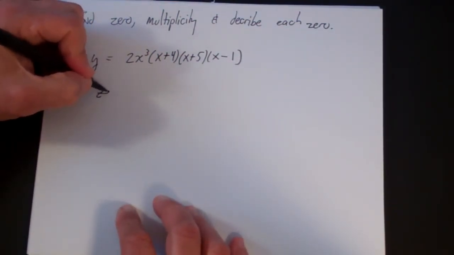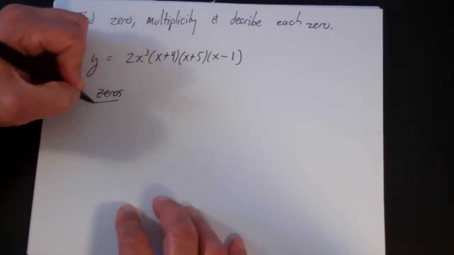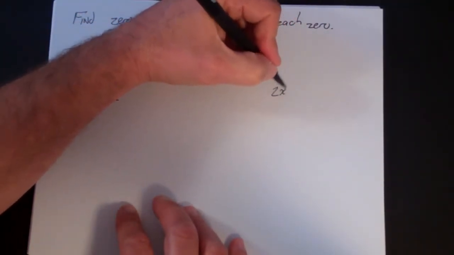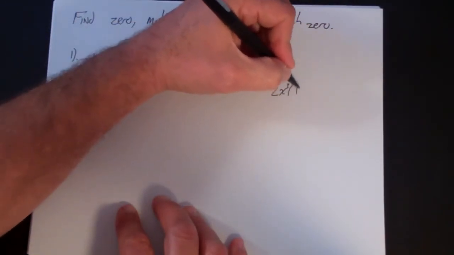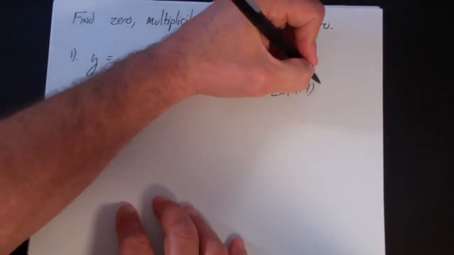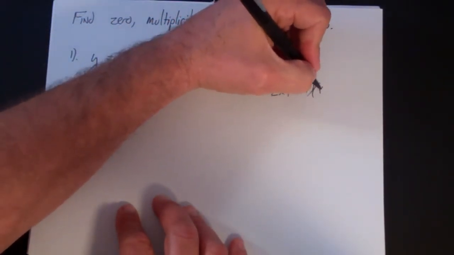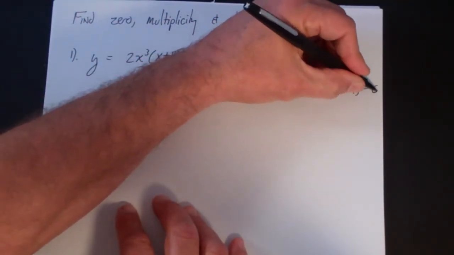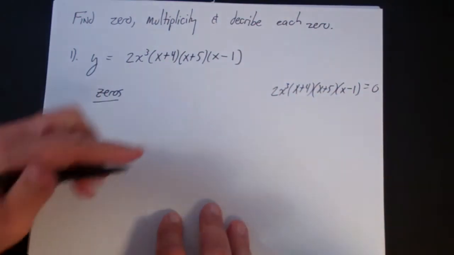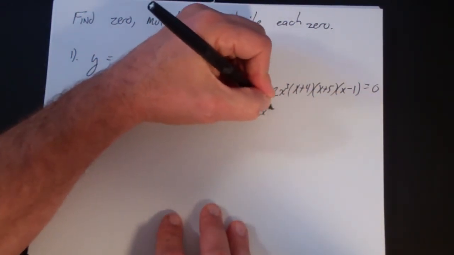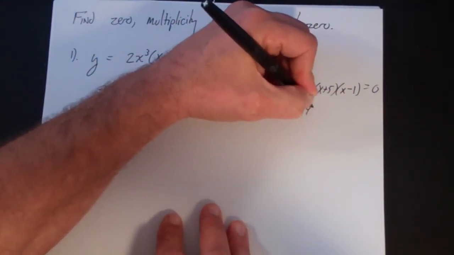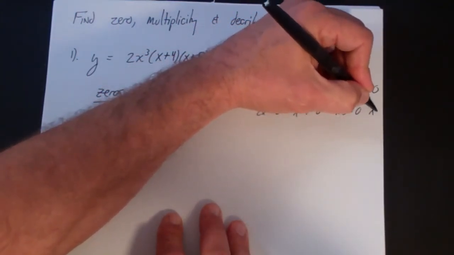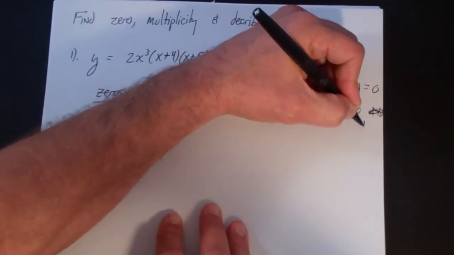Let's identify the zeros first. To find the zeros, you set this equal to 0. So what you do is you go 2x cubed, (x + 4), (x + 5), (x - 1) is equal to 0. You set each one of these equal to 0. 2x^3 is equal to 0, x + 4 is equal to 0, x + 5 is equal to 0, x - 1 is equal to 0.